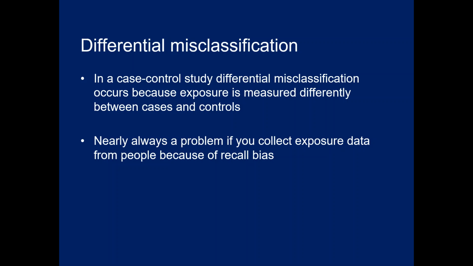Okay, and because we're pretty much always asking people about previous exposures in a case control study, that's how we get the data, and they always know whether they're a case or a control because we recruit them once they've been identified as cases. We're pretty much always going to have a recall bias issue.